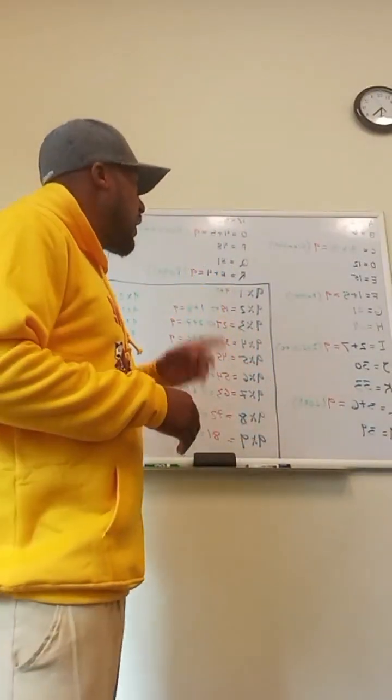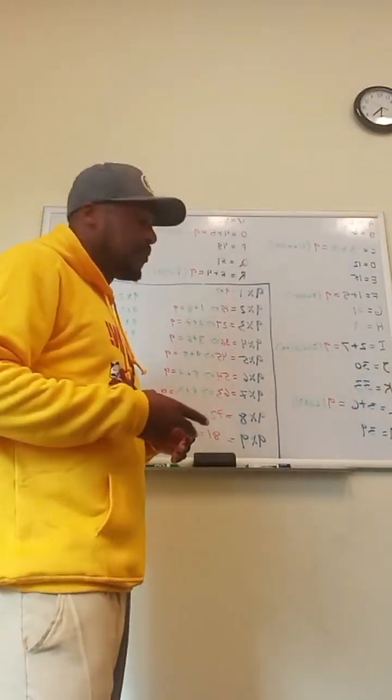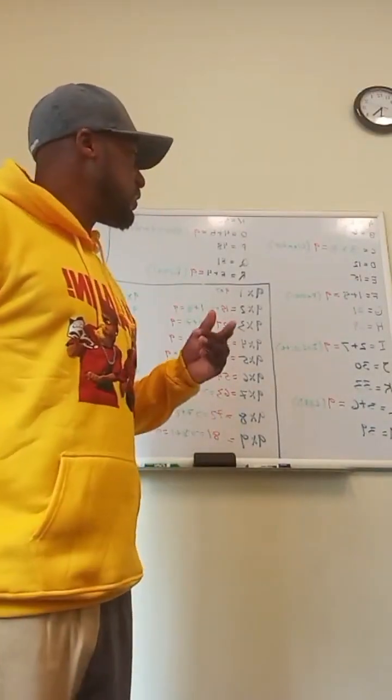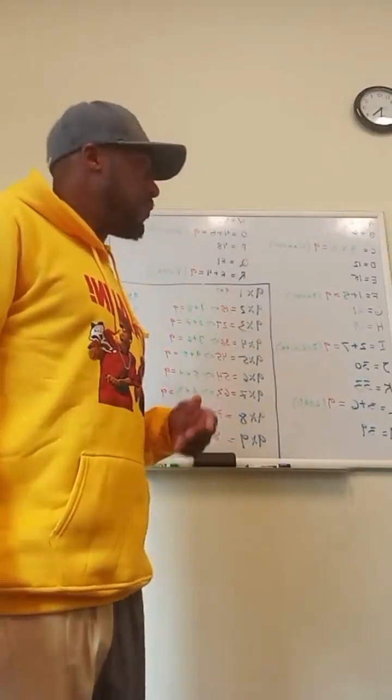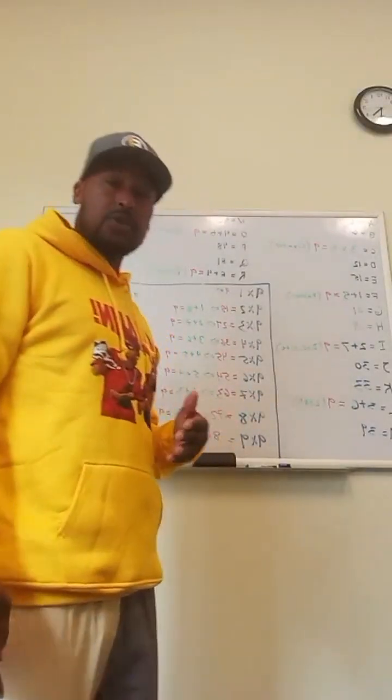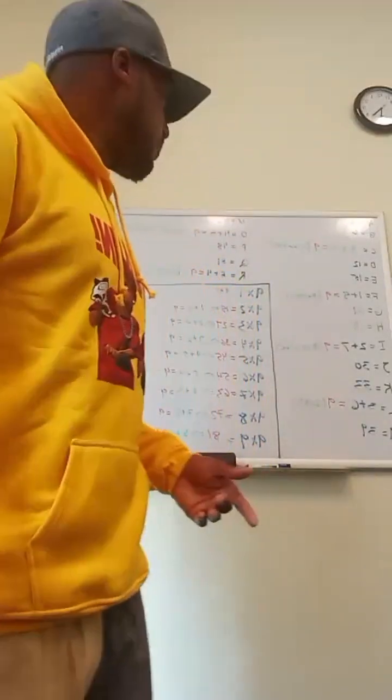Now on my board I got A, which represents the number 3, and then B is 6, and then C is 9.